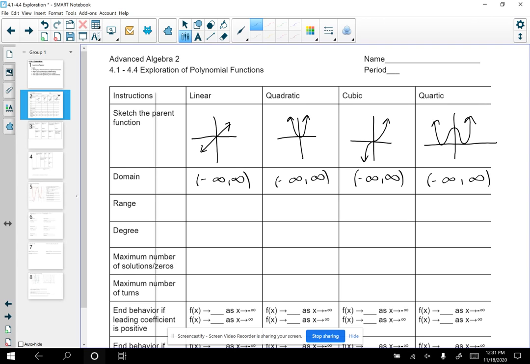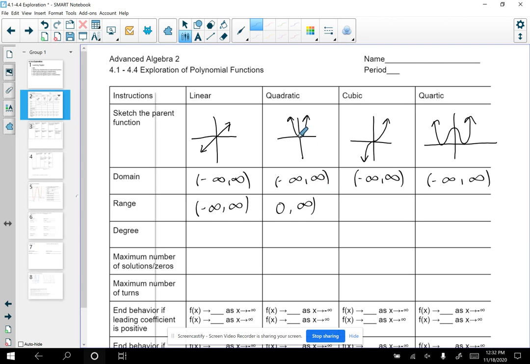Range is what y values we are going to hit. So linear, this line is going to hit all of the y values as well, so that is negative infinity to infinity. Quadratic, we see we will not hit any y values below the x-axis with the parent function, so 0 to infinity.